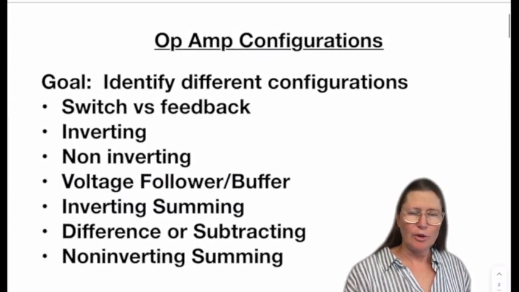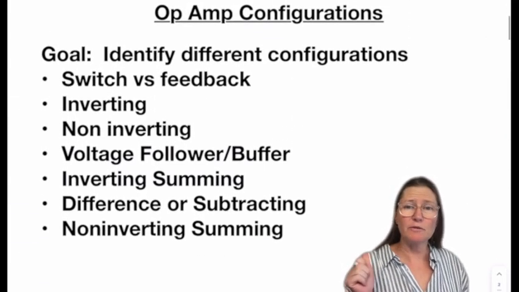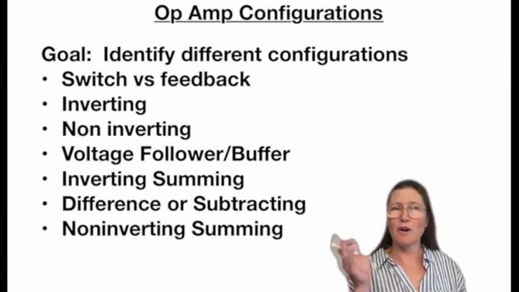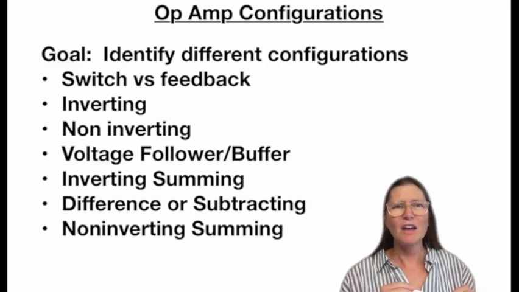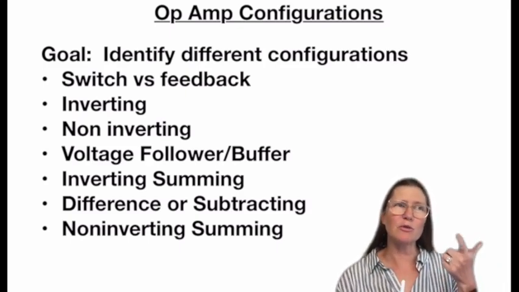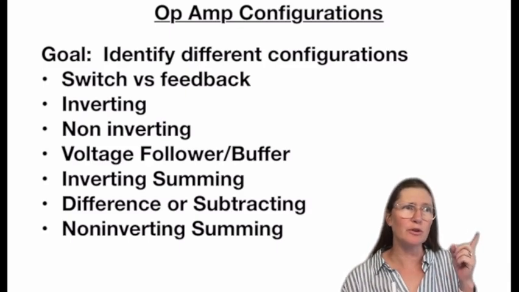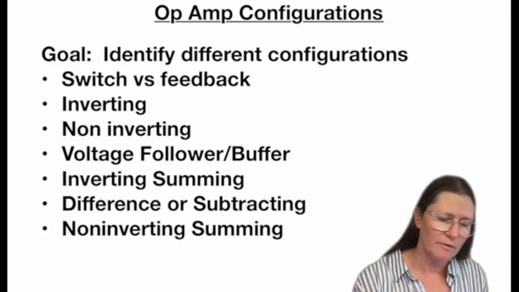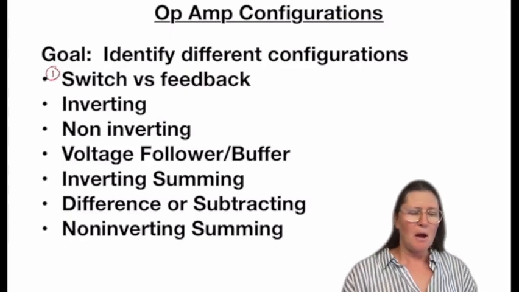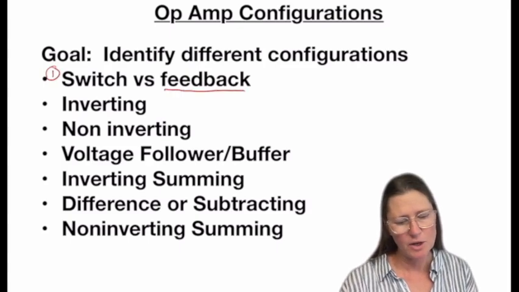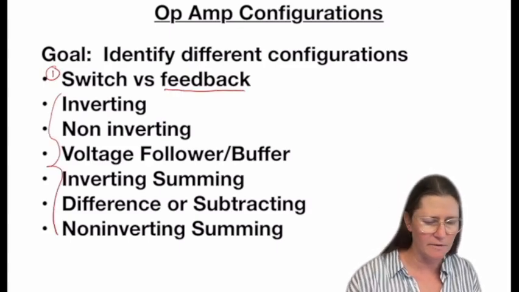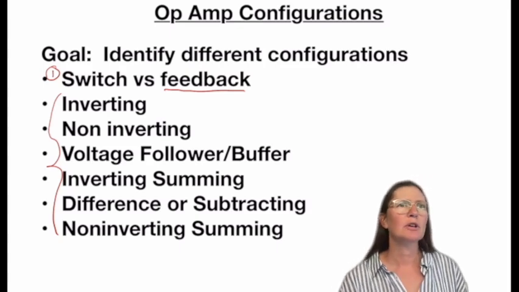Okay, so last time our first goal was to look at an amplifier, the triangular symbol, and identify whether it is a switch or has feedback. If you remember, the next goal, if it was feedback, was identifying what kind of feedback we have.